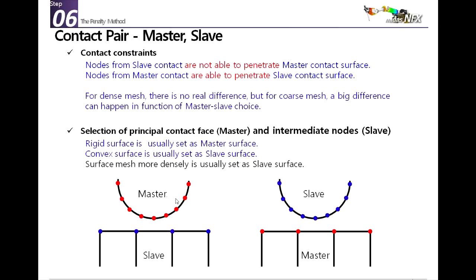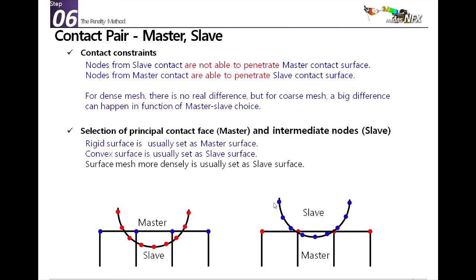If I give you an example, you see that on this side, this is the master, this is the slave, so the master can penetrate the slave. So it goes like that. On the other side, the slave cannot penetrate the master, so it stops here.